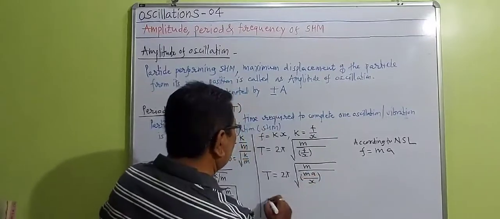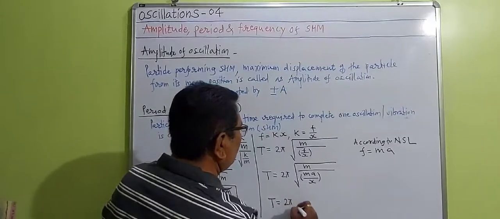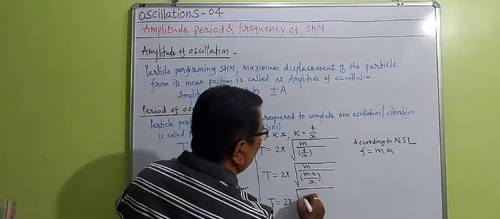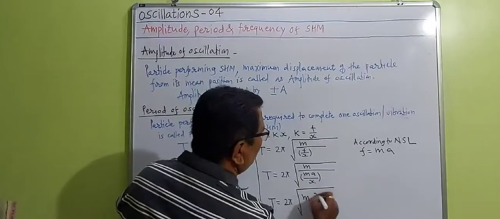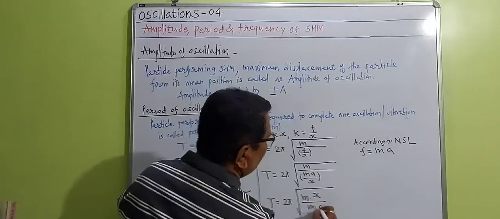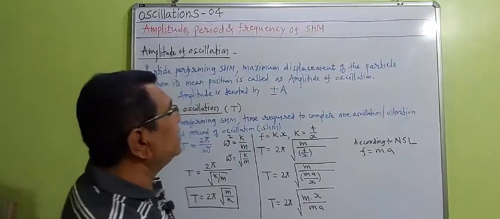Then T is equal to 2 pi square root of m into x upon ma. That m gets cancelled.